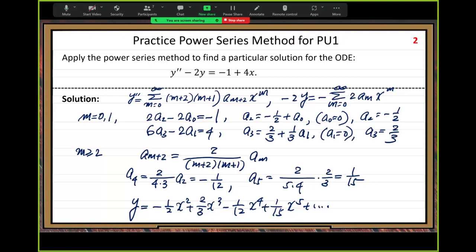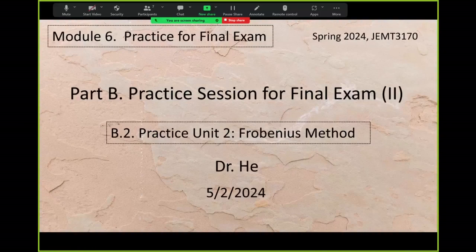Still power series, but a slightly different method: the Frobenius method. B.2, Frobenius method.